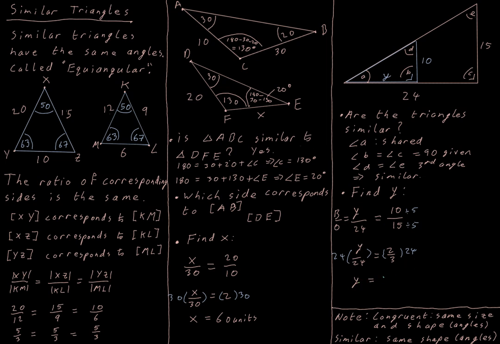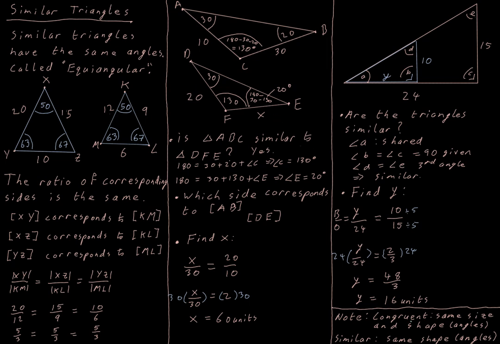And for y, you can take out the common factor of 3 there, or we can multiply it out and then do it. We have 48 all over 3. We get y must be 16 units long. So that's how we can use the fact that similar triangles are in the same ratio. They are proportionally the same in order to find our missing sides.